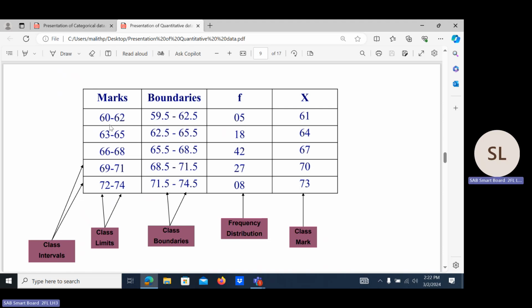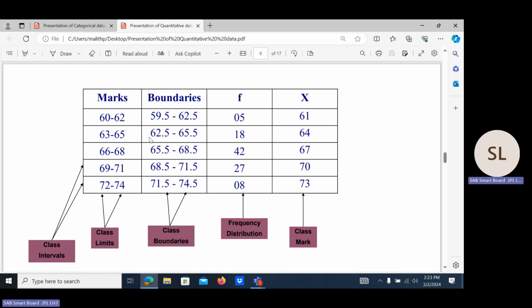Or we can take the average of the upper one and the lower one: 62 plus 63 divided by 2. What is the value? 62.5. Then the first class interval's upper class boundary is what? 62.5. Understood? Then the second class interval starts from 62.5.